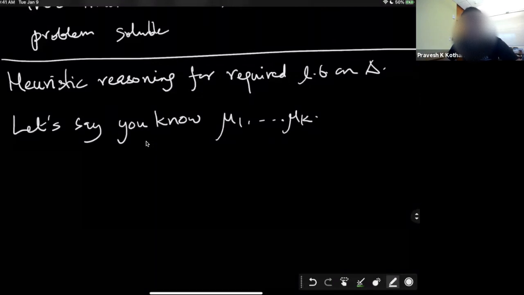It is still unclear how you would cluster the points, because all I've given to you are the means. I have not told you how to cluster the points. But imagine that you wanted to solve the clustering problem using your knowledge of the means. What would you do? There are various natural things you can do. I'll just focus on one natural thing, and that will be our heuristic.